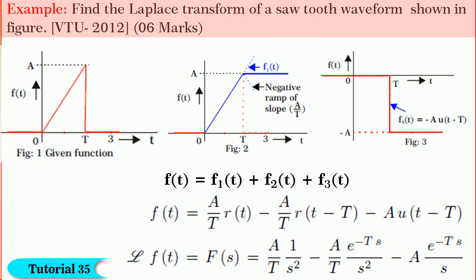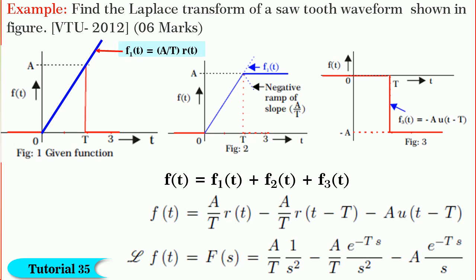Friends, now let us solve another example to find the Laplace transform of the given sawtooth waveform. Hope you are able to identify a positive ramp of slope a divided by T at t is equal to 0. Let it be f1 of t, but the given waveform turns vertical at time t is equal to T seconds.